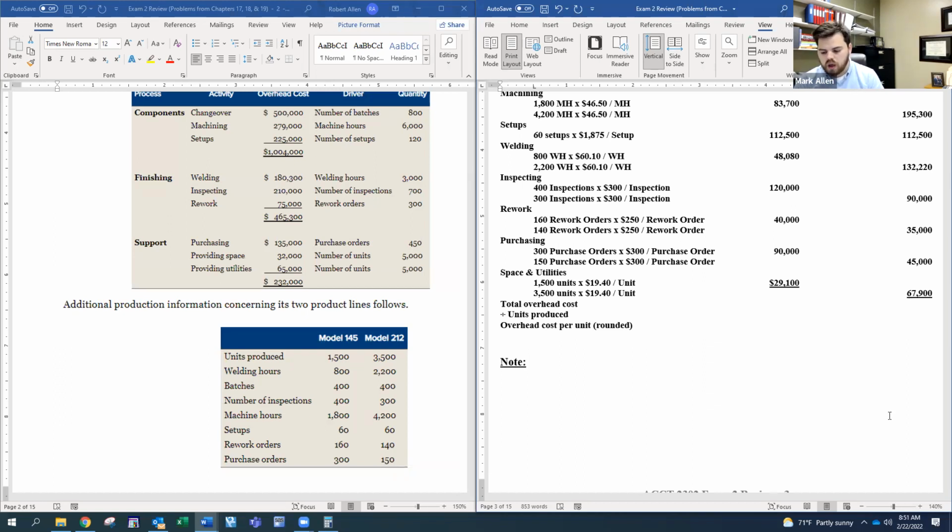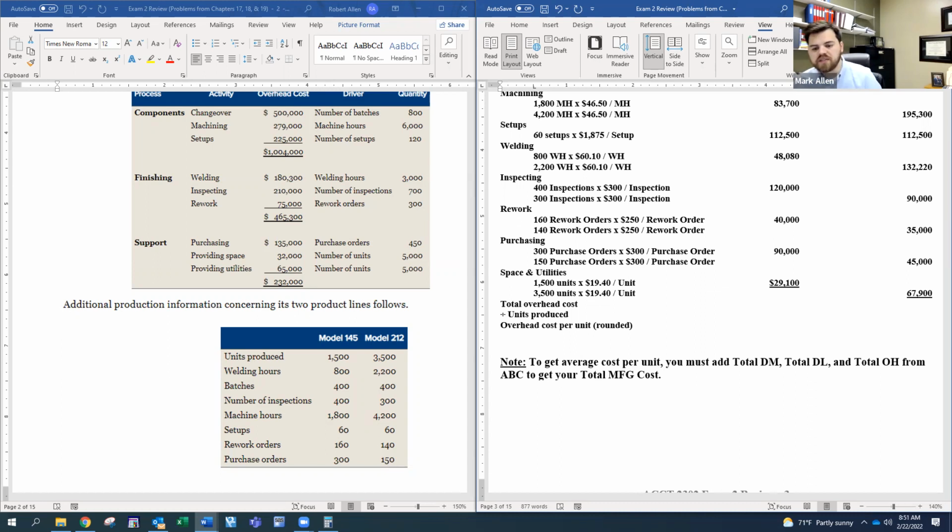So note, remember, in other words, to get average cost per unit, you must add total direct materials, total direct labor, and total overhead from activity-based costing to get your total manufacturing cost.